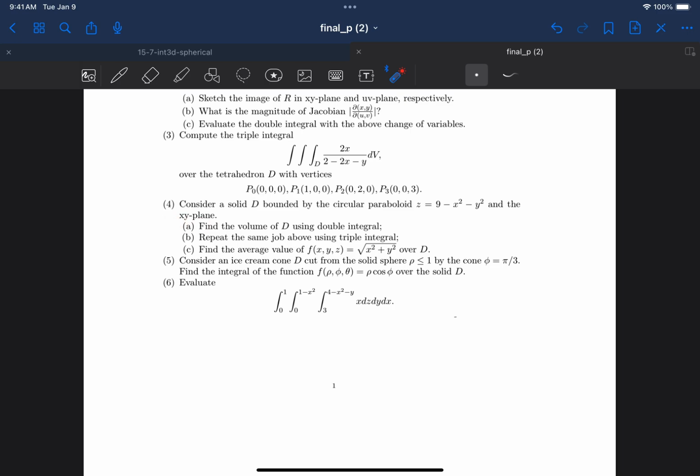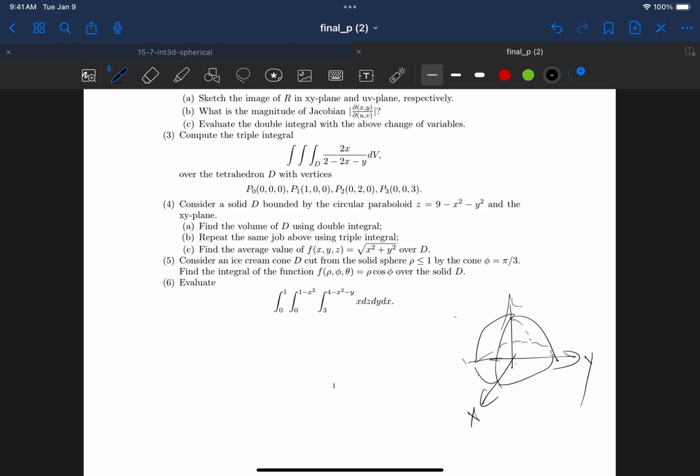So it basically gives you something like this, but it's not a sphere or a ball, it's a paraboloid.